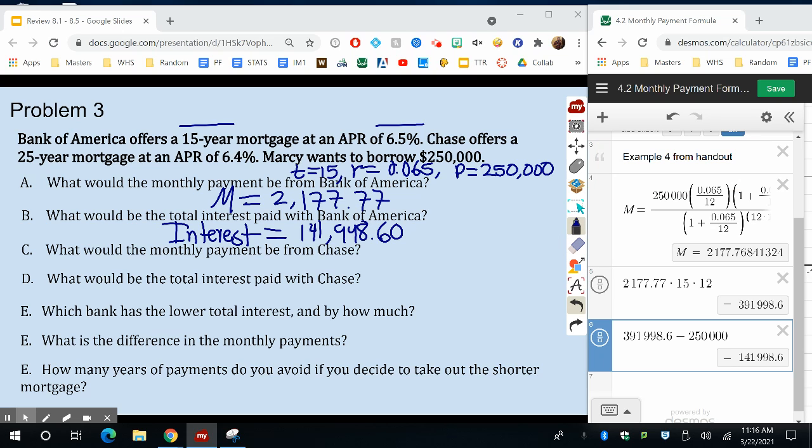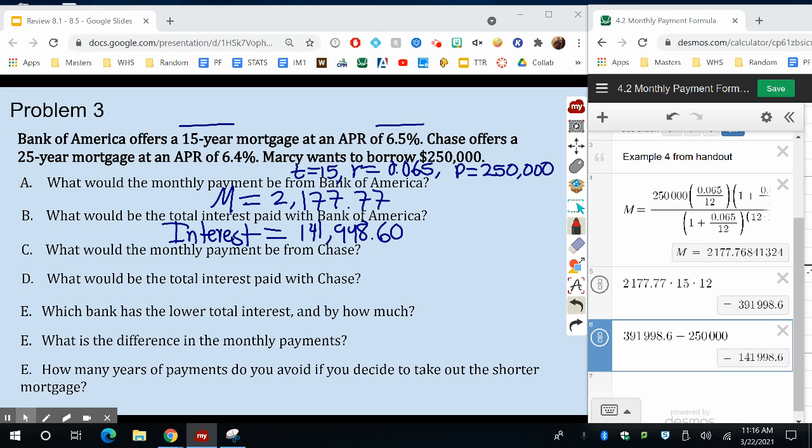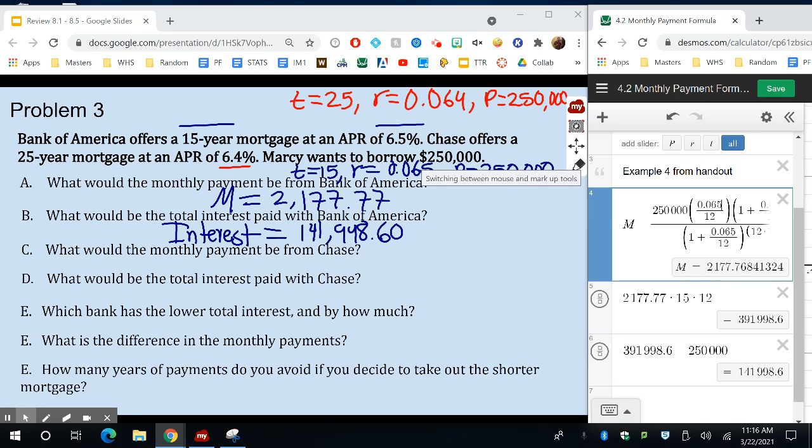Okay, now what would be the monthly payment from Chase? So now we're going to change things up and go to Chase. Chase gives us a time of 25, an interest rate of 0.064, and the principal remains the same, 250,000. Okay, so let's find out what their monthly payment would be here.